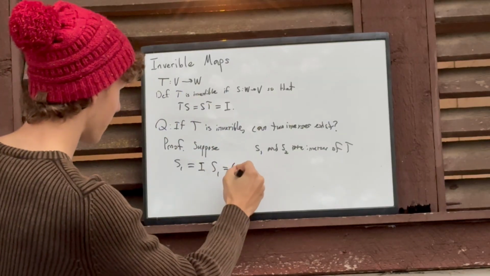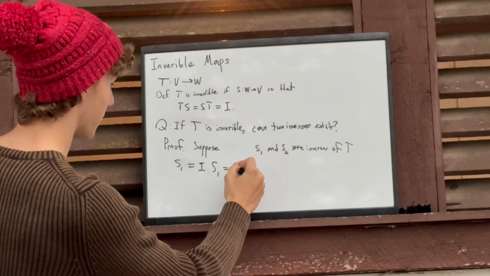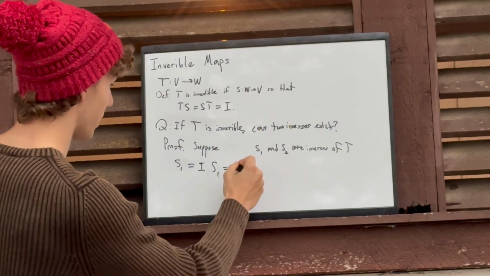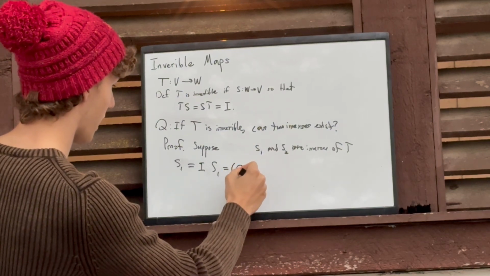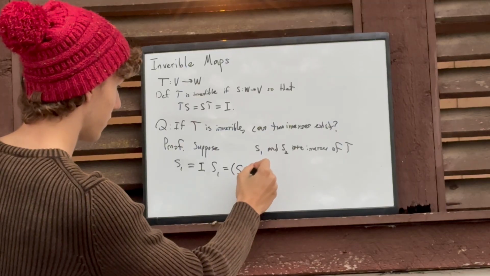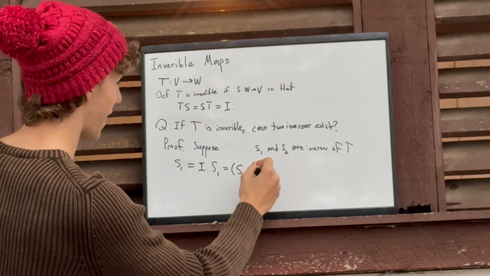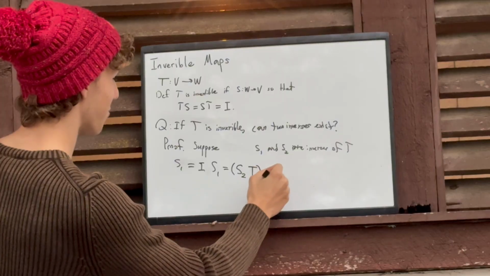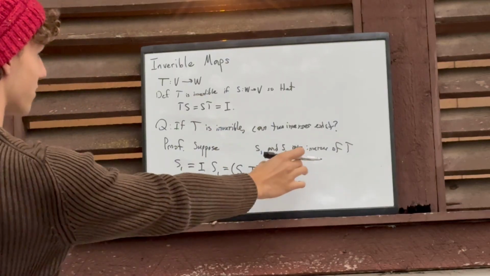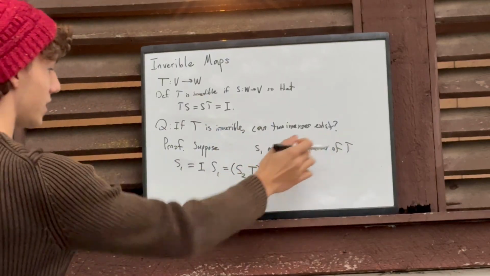But we could write the identity in various ways, like S2 composed with T, composed with S1, because S2 is an inverse of T.